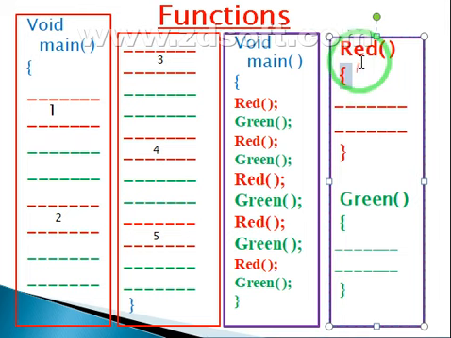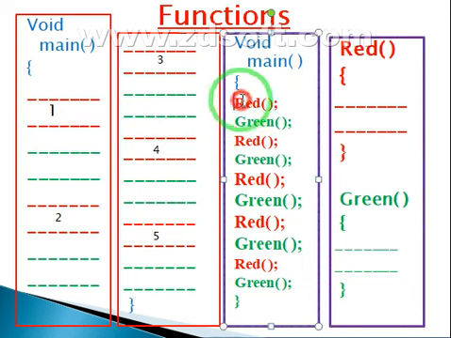So for the red block, the name of the block or name of the function, whenever we need those two lines, I simply write the name with a semicolon.